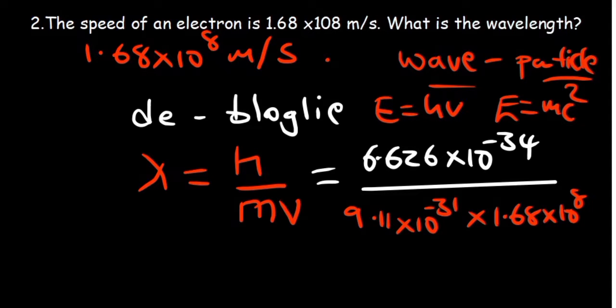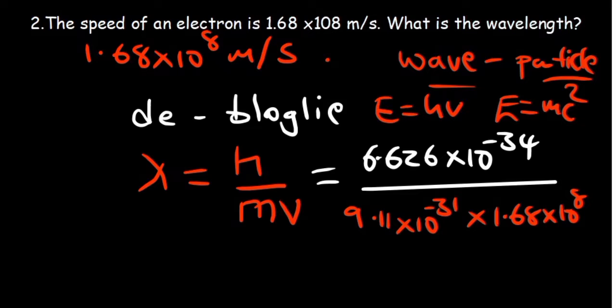So you can get your calculator there. I'll start first of all by multiplying what's in the denominator there. So 9.11 times 10 to the power negative 31 multiplied by 1.68 by 10 to the power 8.